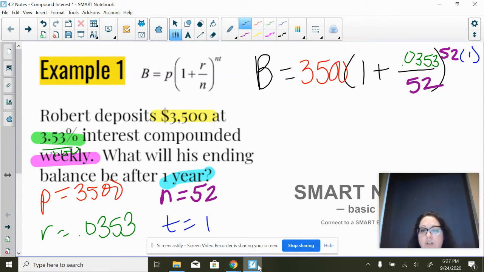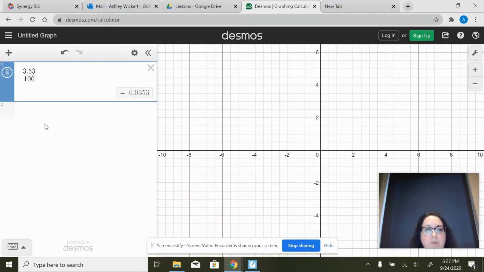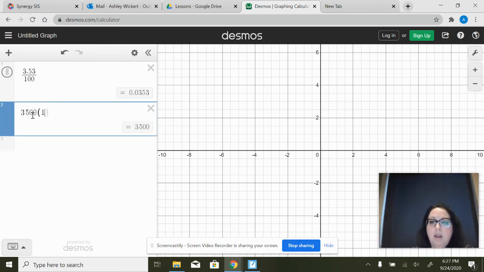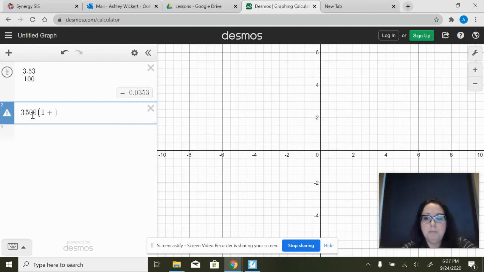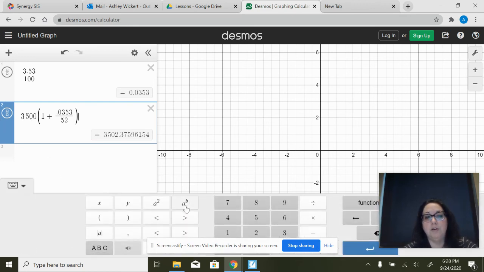But all we're going to do is go over to Desmos and copy exactly what we wrote down. So it looked like 3,500 and then open parentheses, 1 plus my rate of 0.0353 divided by my N value of 52, close your parentheses, and then you can either use your Shift 6 or you can open up your keyboard and use that AB key, and it needs to get raised to the NT power.